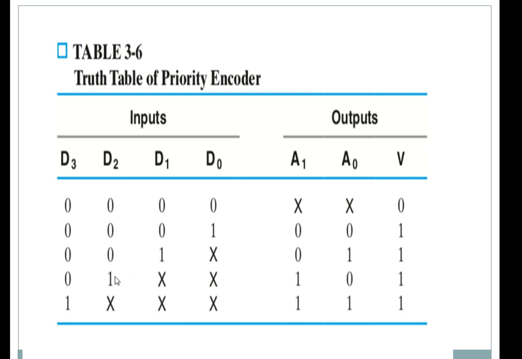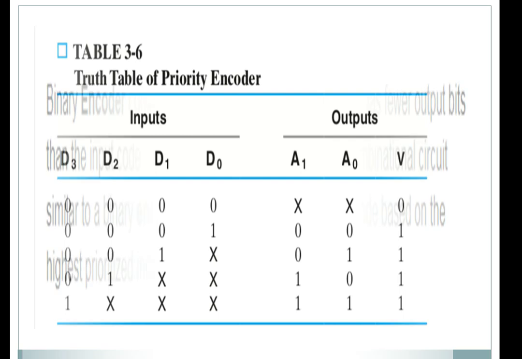Whenever D2 is 1, definitely the output will be 1 0. And whenever D3 is 1, the binary equivalent of 3 is 1 1. Here D2 may be 0 or 1, D1 may be 0 or 1, D0 may be 0 or 1, but the D3 position is 1, so D3 is the prioritized bit, that's why the output is 1 1 1. In this way the priority encoder works.